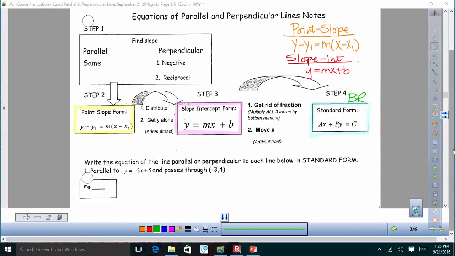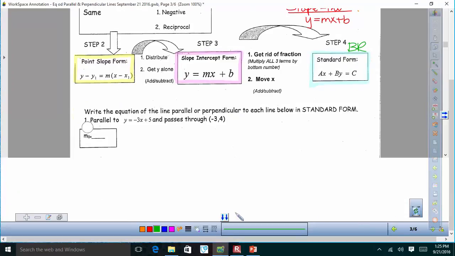Okay, so if I want my lines to be parallel, what should the slopes be? The same, okay? So in number 1, they want us to find a line parallel to y equals negative 3x plus 5. So if it's parallel, then I want my slope to be the same, so it would be negative 3.